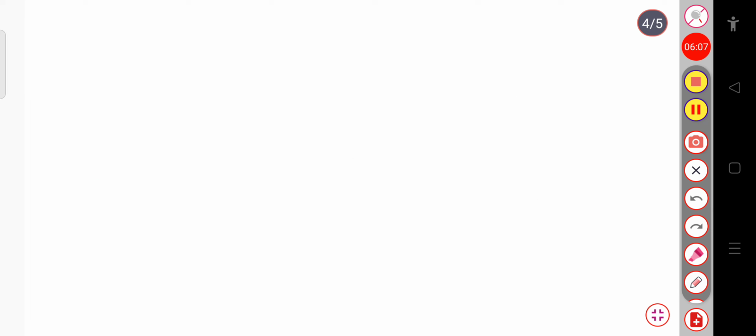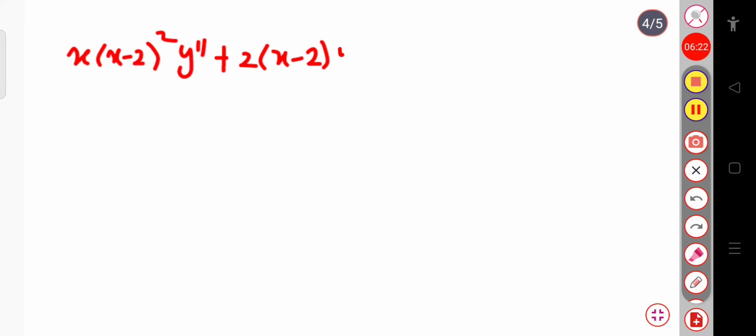Suppose, for example, let us take one example. The equation is of the form x into (x minus 2) whole square y double prime, that is d square y by dx square, plus 2 into (x minus 2) y prime plus (x plus 3) y equal to 0.